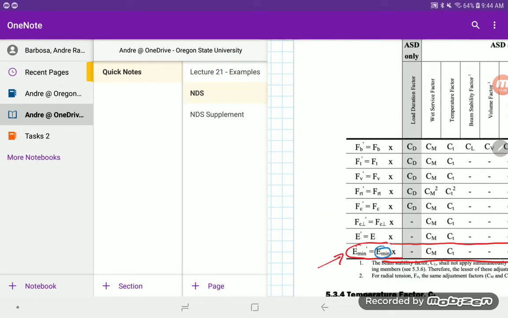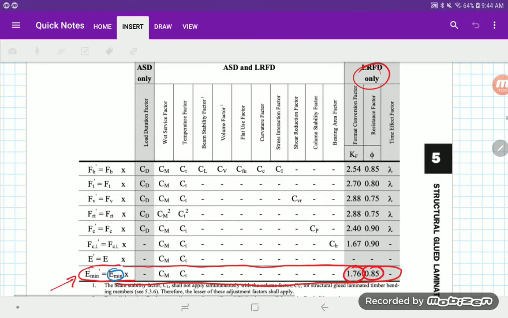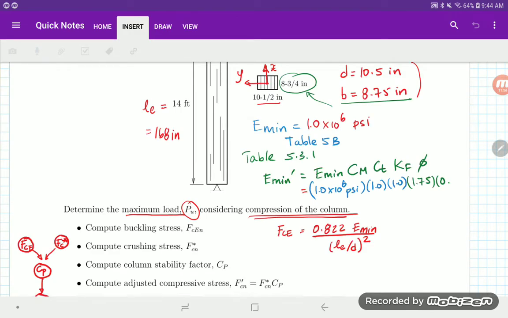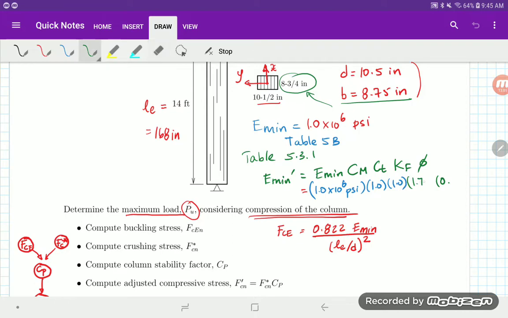NDS, 1.76, yes. So here it's 1.76 and 0.85. Multiply all those together and we get that our E min prime, the adjusted value, is 1.5 times 10 to the 6 psi.